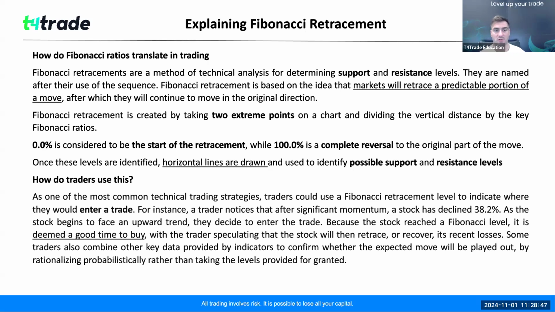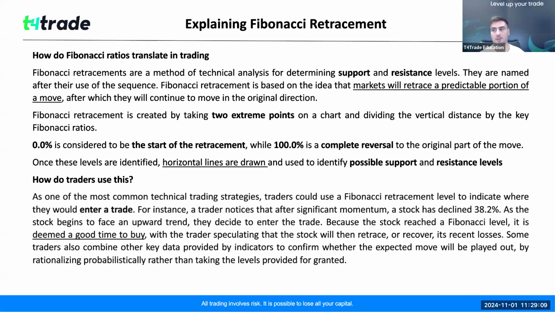So Fibonacci retracement is created by taking two extreme points on a chart and dividing the vertical distance by the key Fibonacci ratios. In this case, the start of the move is considered to be the 0%, the start of the retracement, and the 100% is the complete reversal to the original part of the move.